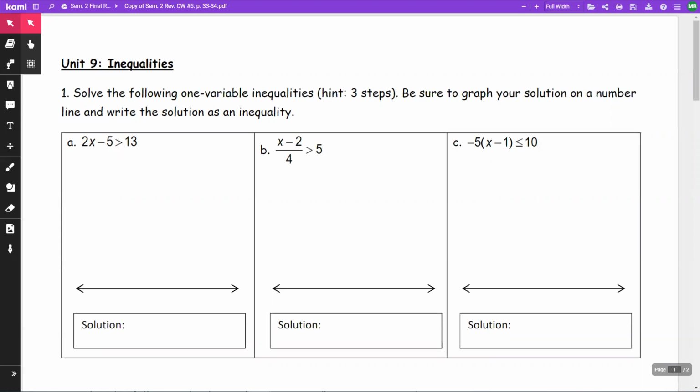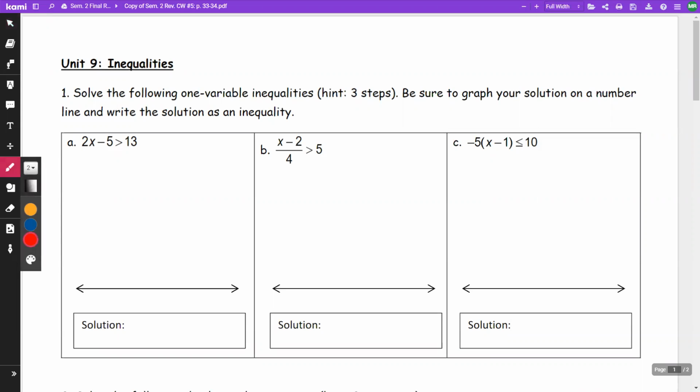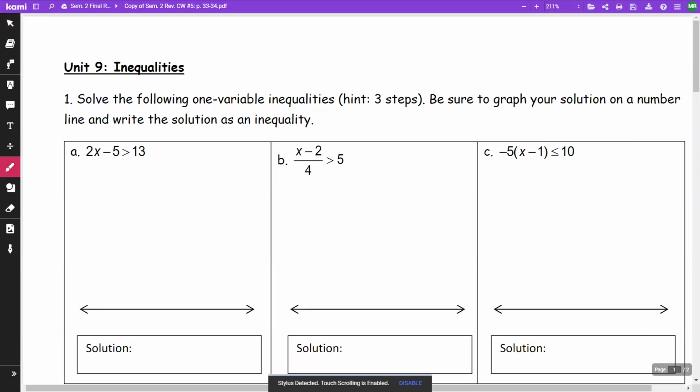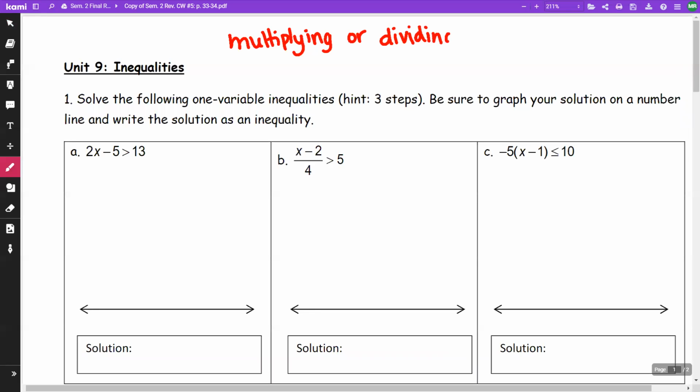So the one thing to remember is when we are solving inequalities, you can solve them like an equation with the exception of one situation. When you are multiplying or dividing by a negative, you're going to switch the direction of your inequality.